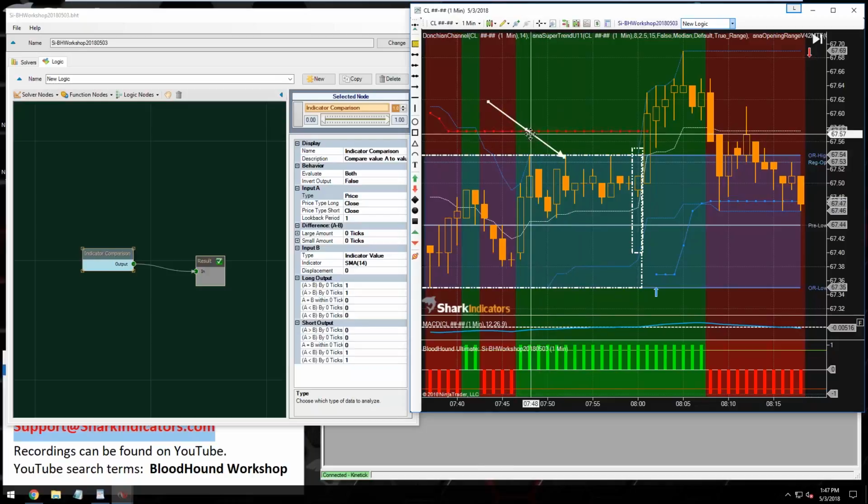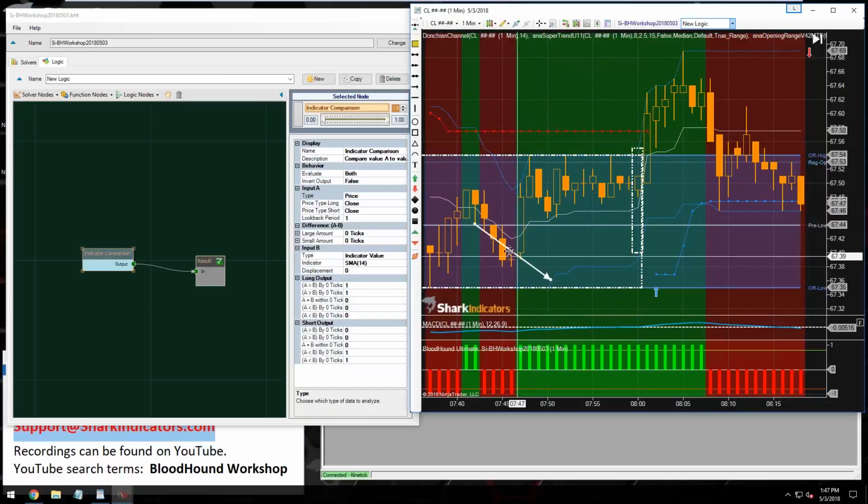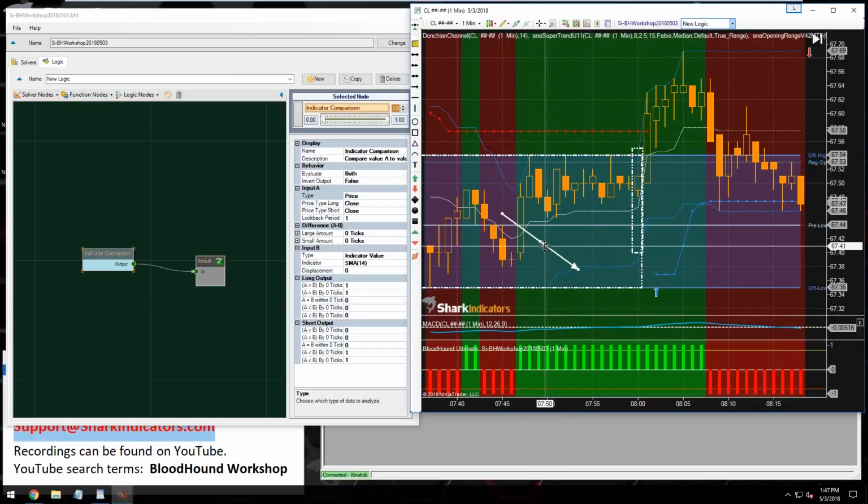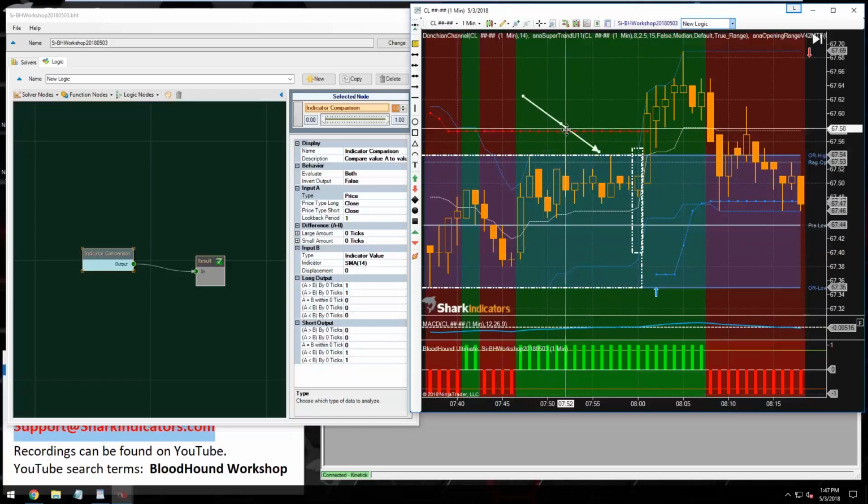If the upper wick gets close to the upper range, we'll use that. But if the low price of the bar gets really close to the lower range, we'll use that to generate a kind of price approximation detection.